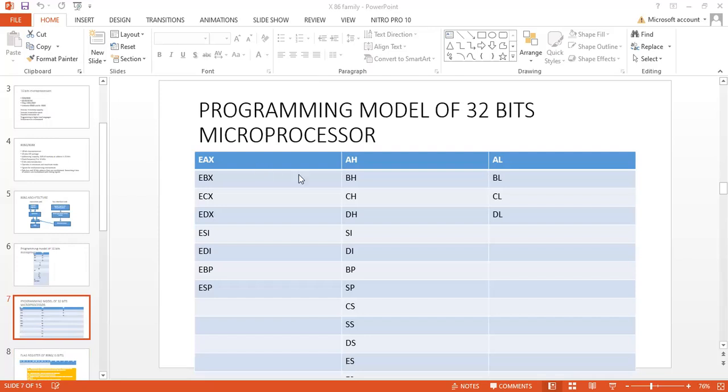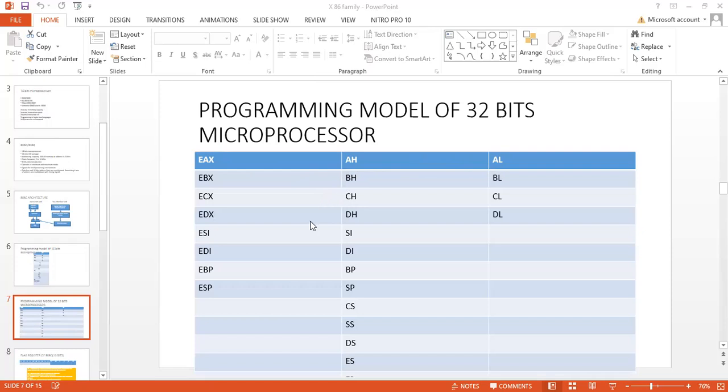So in this case, AH and AL make a 16-bit register, and EAX is the extended 32-bit register. So in total, you have the 32-bit general purpose registers A, B, C, and D.